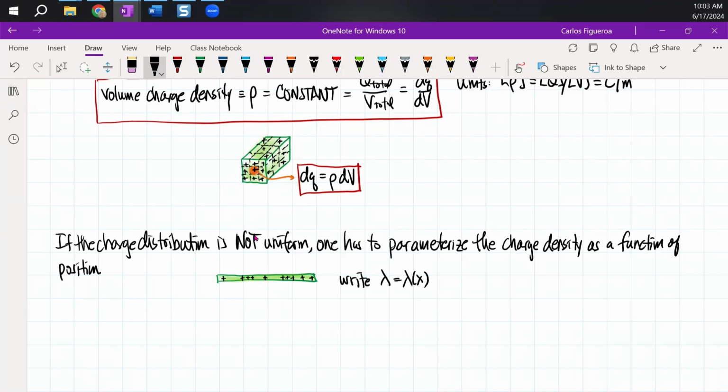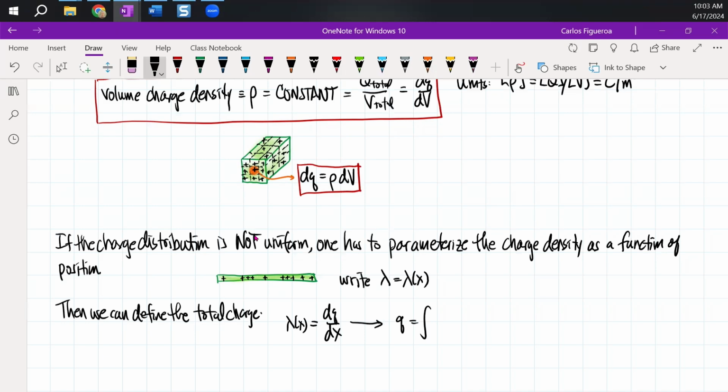Once I do that, we can define the total charge by integrating over all of the charges, which gives me lambda of x dx.